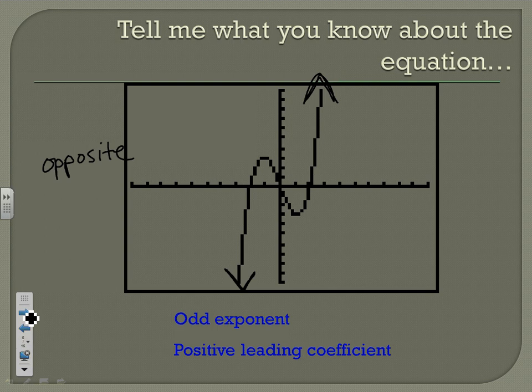It's got to be an odd function. It's got to have an odd exponent. Now it's climbing as I go from left to right. So since it's climbing, then I know that my leading coefficient is going to be positive.